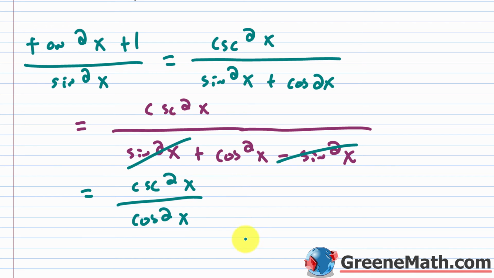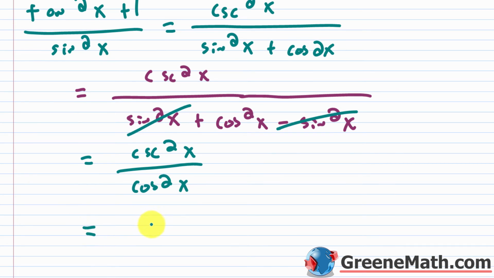Now, if you think about what you have here, you have sine squared x in the denominator. Well, here it's cosecant squared x, which is 1 over sine squared x. So you can immediately do that one. So I'll go ahead and say that this is 1 over sine squared x, and then times, you have 1 over cosine squared x, which is really secant squared x.